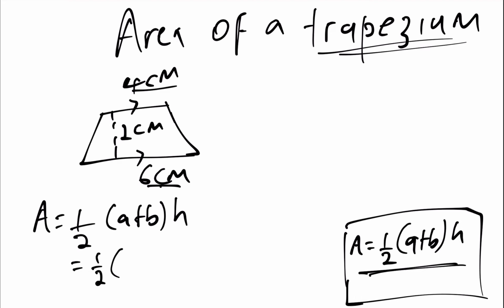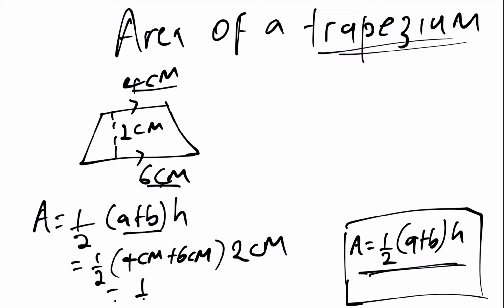It doesn't matter, because it is an addition. So you'll say a plus b, which is 4 centimeter plus 6 centimeter, multiplied by h, the perpendicular height, which is 2 centimeter.